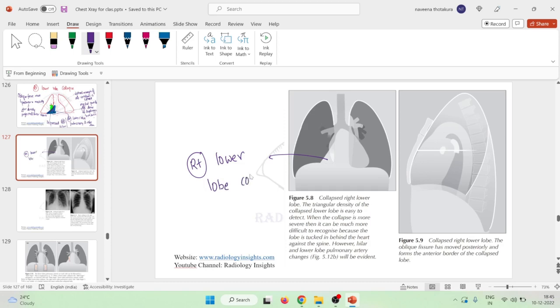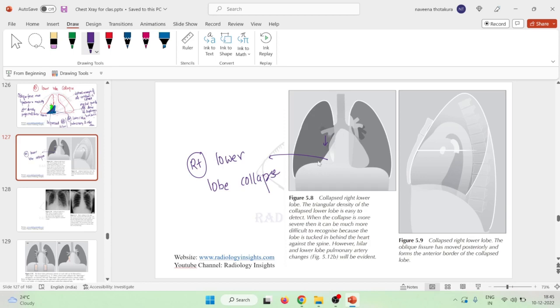Here there will be an oblique fissure which moves posteriorly and medially. Then the right hilum which is present here is depressed because of this collapse. Here the right lower lobe pulmonary artery, which is generally seen, is also not seen.